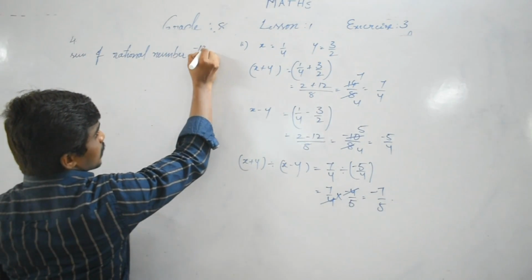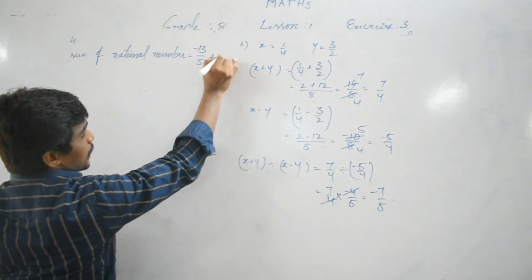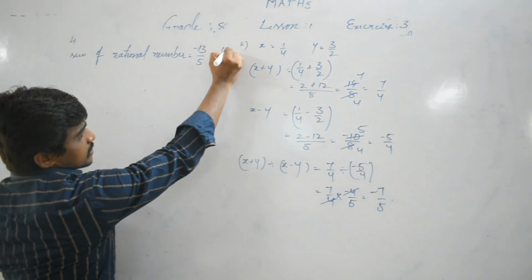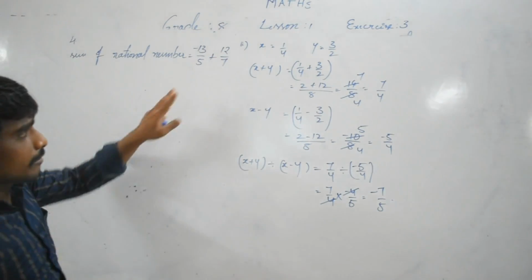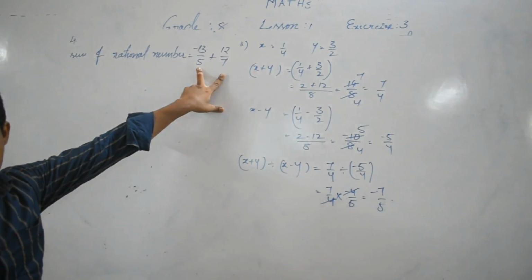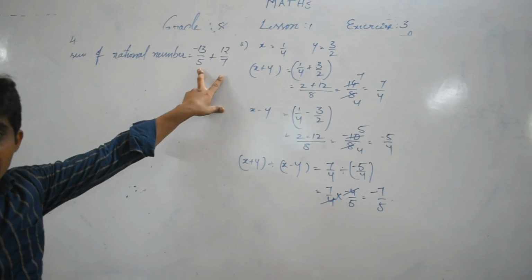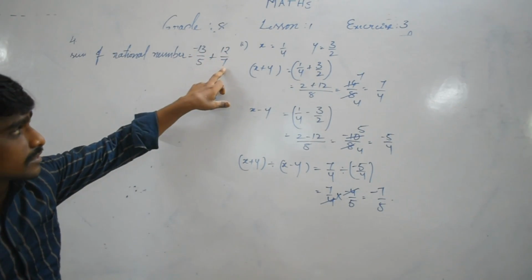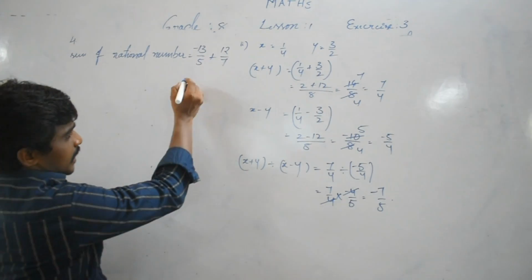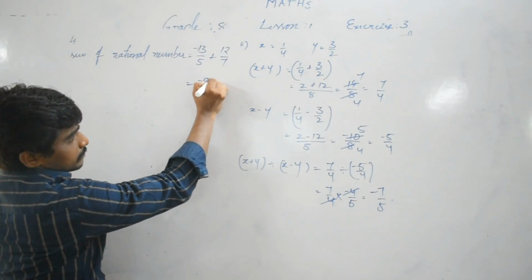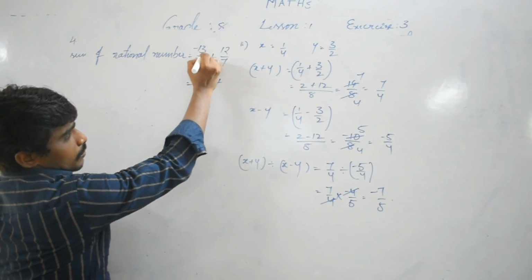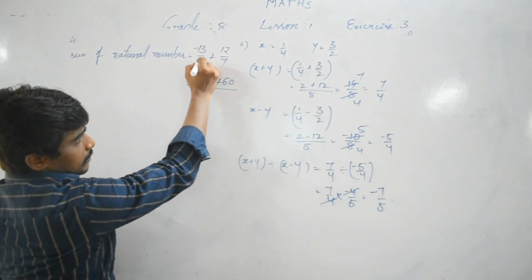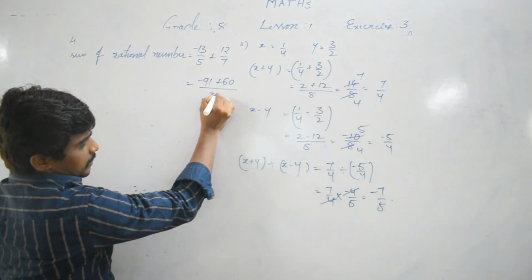Minus 13 by 5 plus 12 by 7. Here denominators are different. We convert them to equal. So cross multiplication. 7 13s are 91 plus 5 12s are 60 by 5 7s are 35.